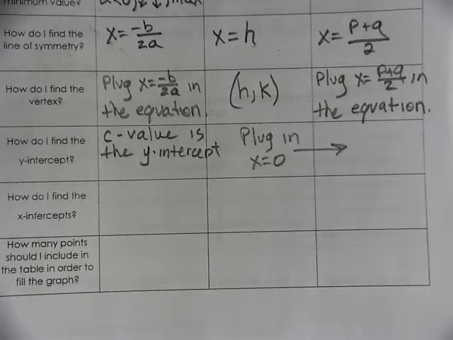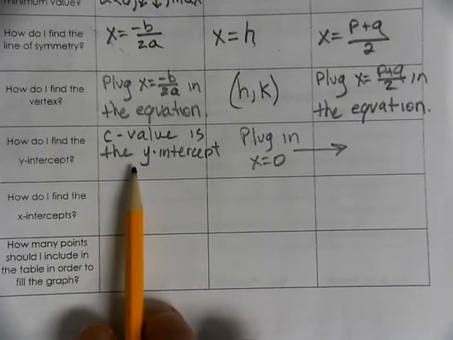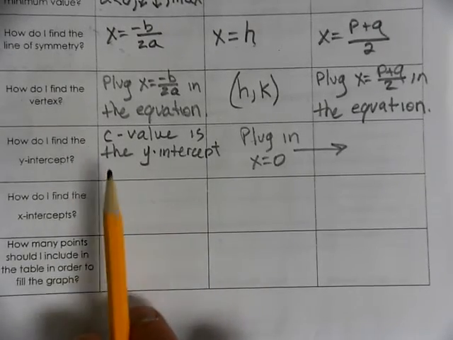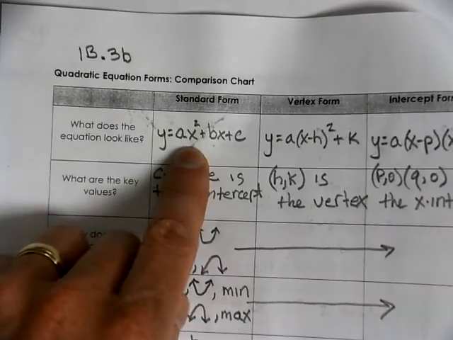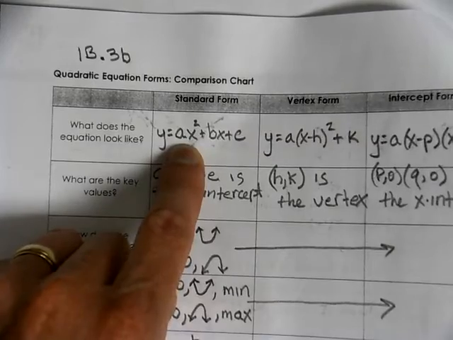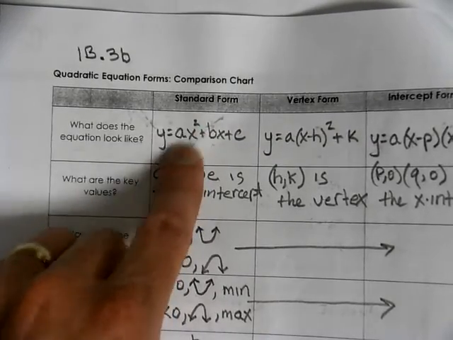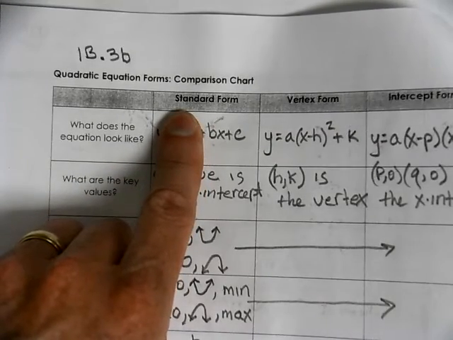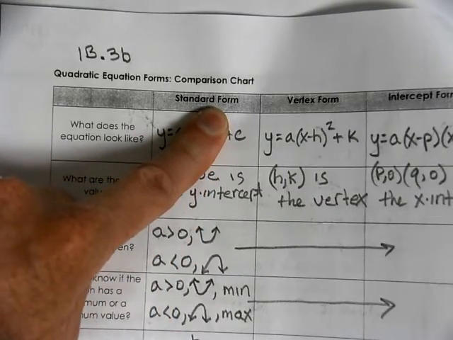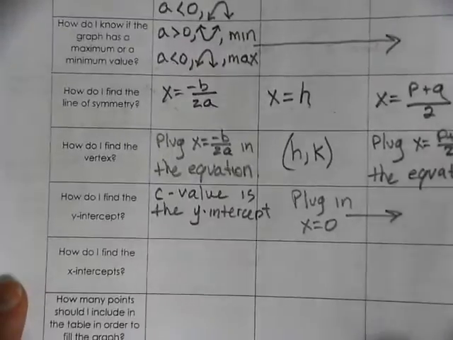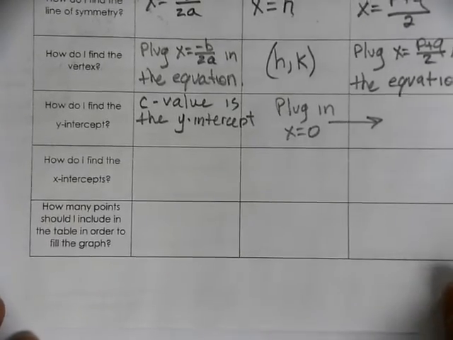If you do that to standard form, if you plug 0 in, ax squared, make that 0 squared, so we get 0, and b times 0, there you get 0, so you're left with c. That's why the c value is the y-intercept.